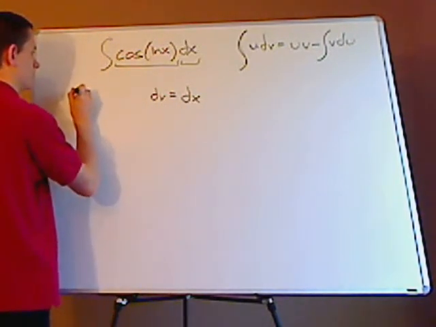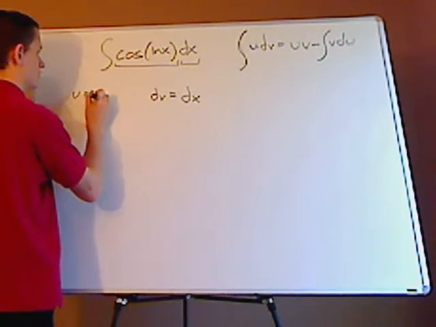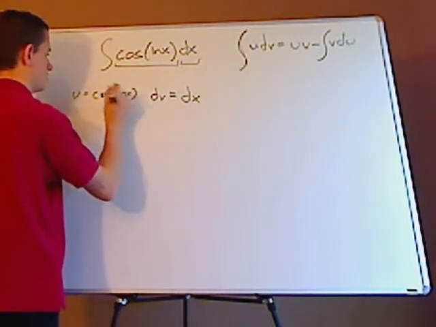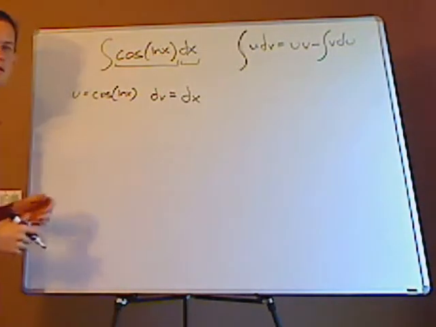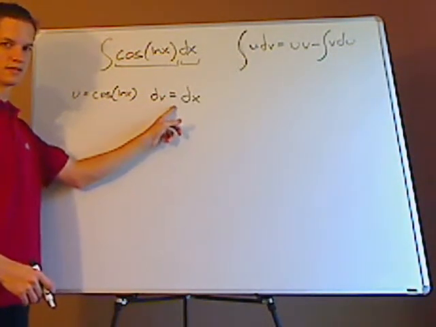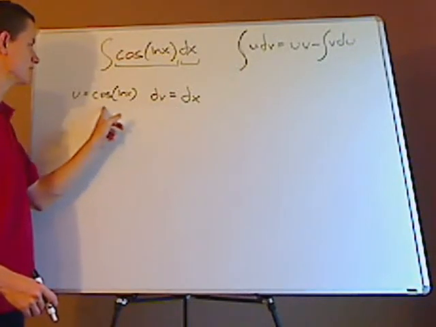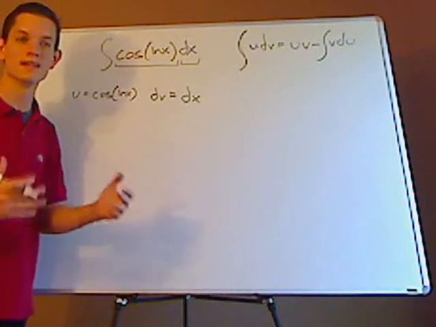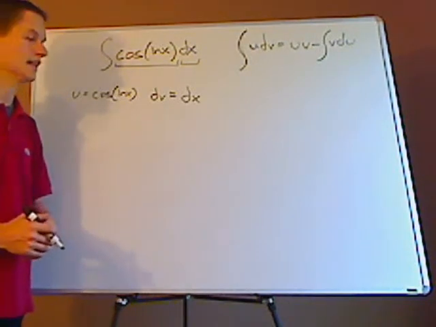This is your u. See that? You can easily take the integral of dx, but you cannot take the integral of this. And since it's a function within a function, it's not that easy.